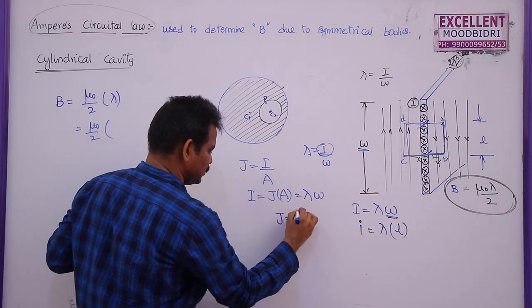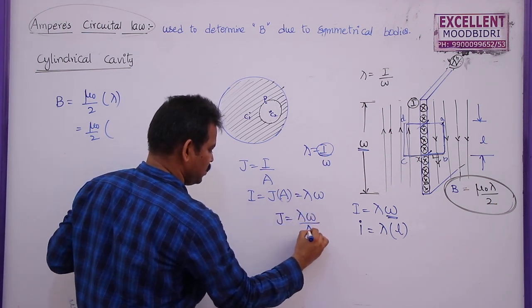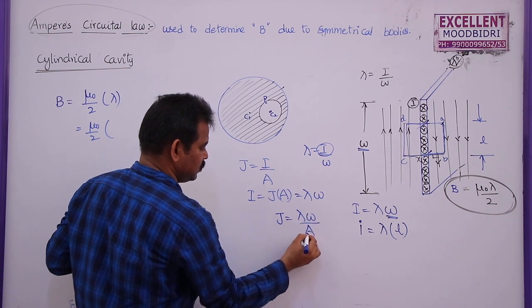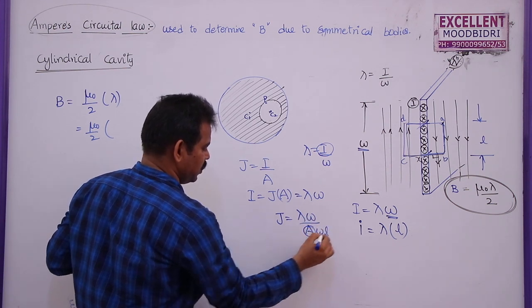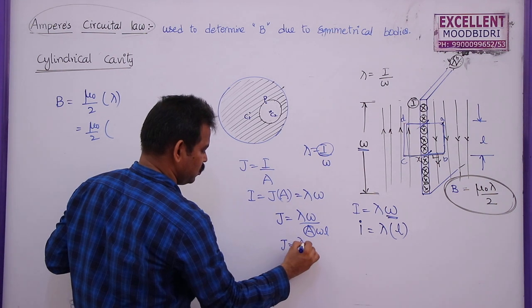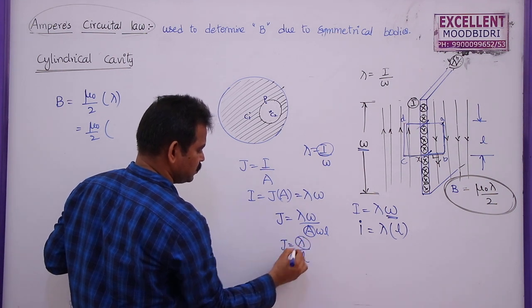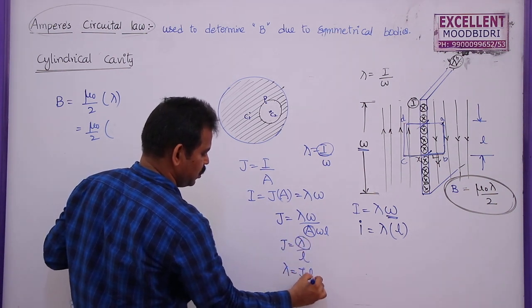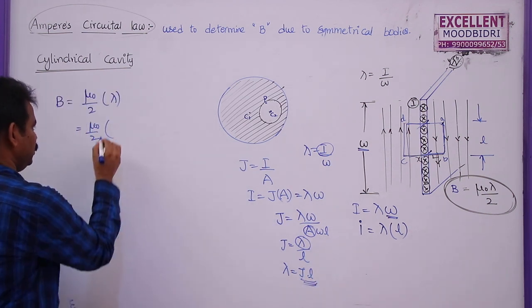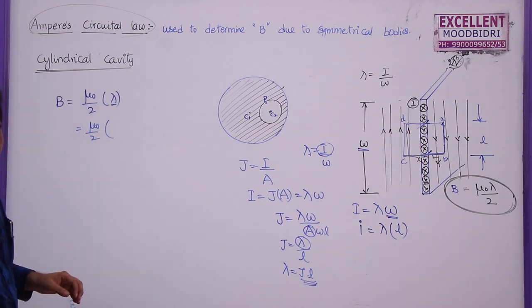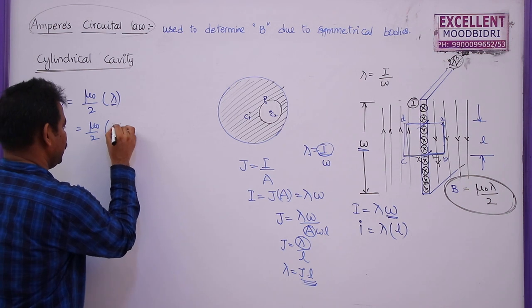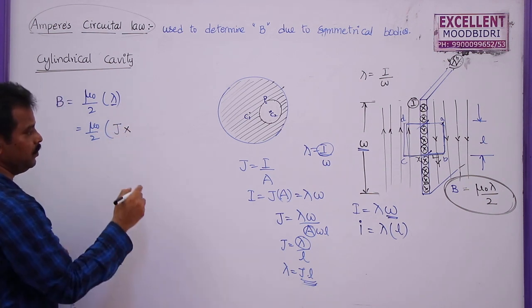J can be written as lambda into width by A. Width is also written as width into length. So J is equal to lambda by L. In place of lambda you can write J into length. So in place of lambda I am replacing this with J, current density, into length.